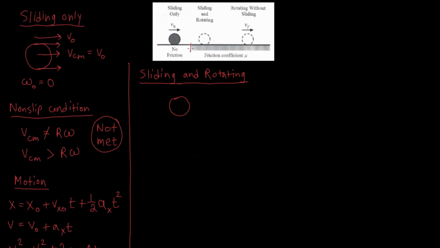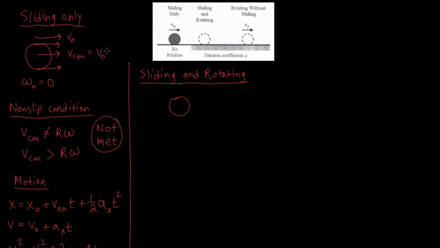So at this point right here, the object encounters the rough surface with friction on it. And so in this case, we would have to take friction into account in order to analyze the case in which the object is sliding and rotating. Previously, there was no friction when the object was sliding only, but now, since there is friction, the object is going to start rotating since the friction is going to cause a torque.